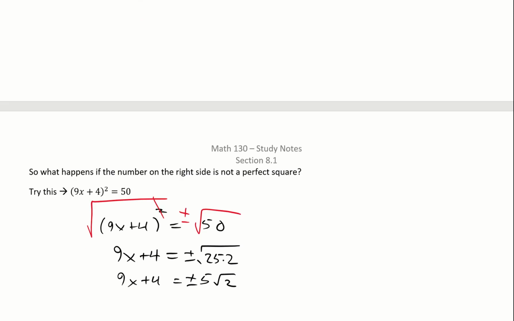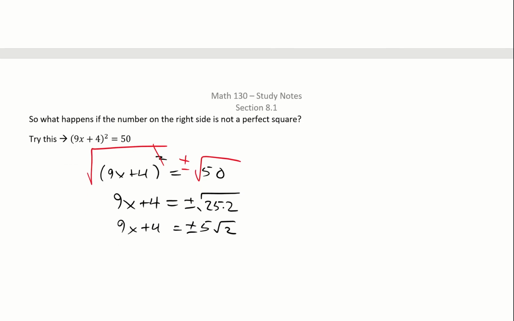You good with that? Are you good with that? Okay. The next steps are to get the 4 over and the 9 over, and you can split it in 2 pieces. I better do it. So 9x plus 4 is equal to 5 radical 2. The other one is 9x plus 4 is equal to what?